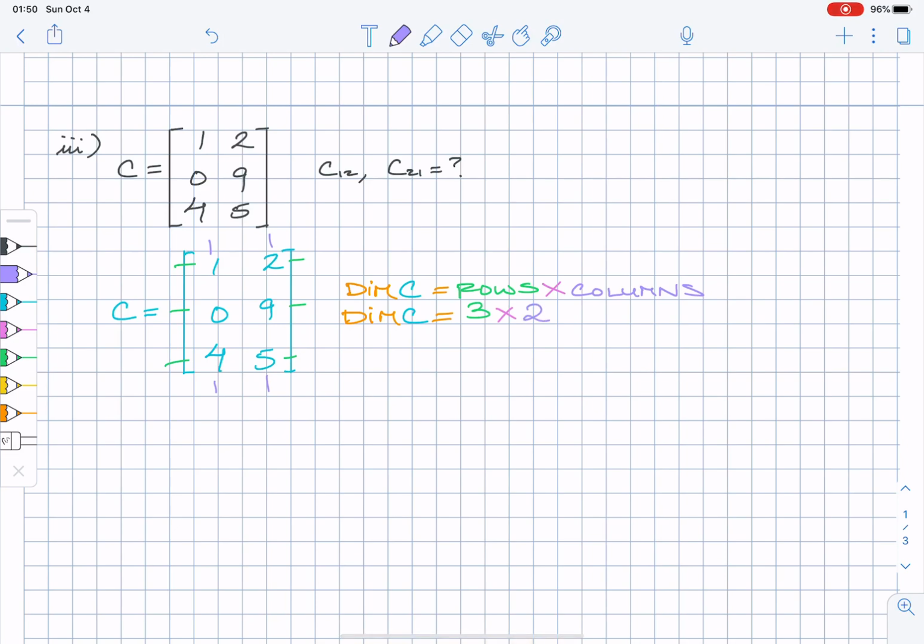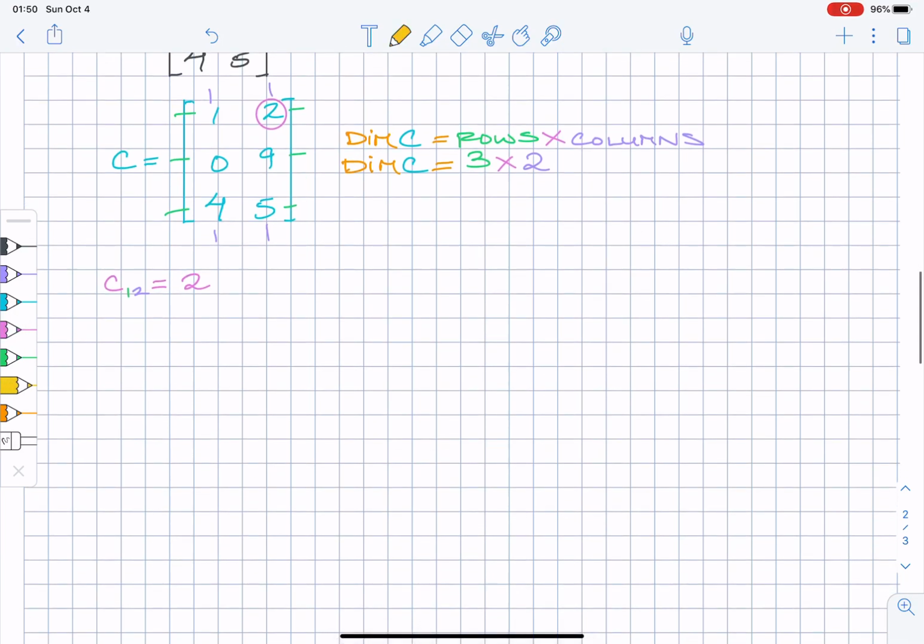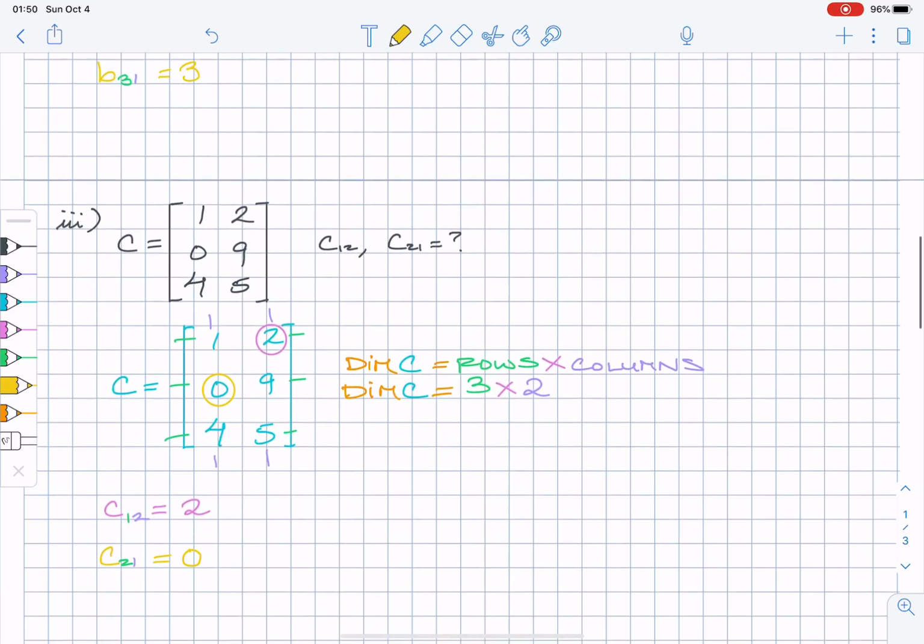So it's a 3 by 2. And the entry C sub 1, 2 is the entry that's in row 1 and column 2. So I claim that that is 2. Whereas C sub 2, 1 is the entry that's in row 2 and column 1. So I claim that that's 0. Okay, so hopefully this makes sense so far.